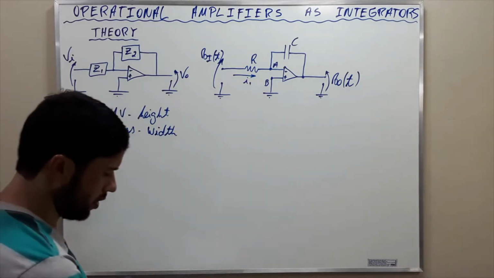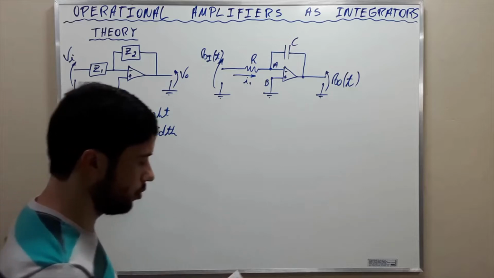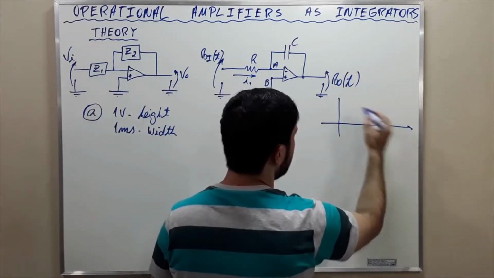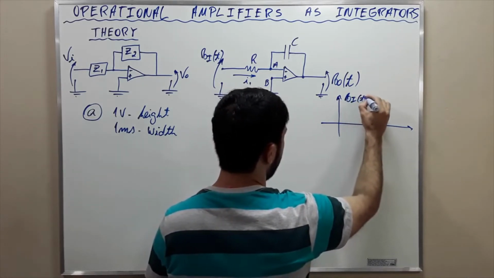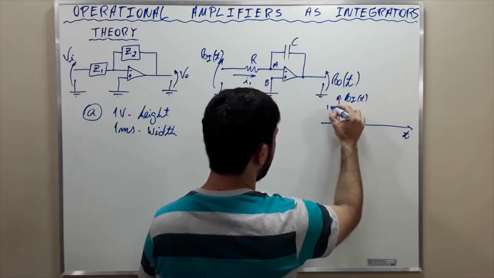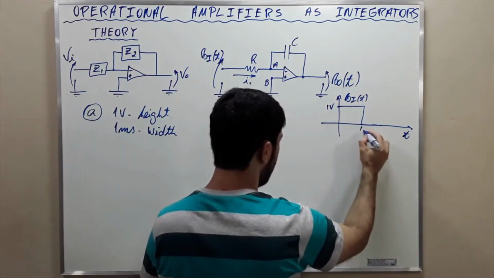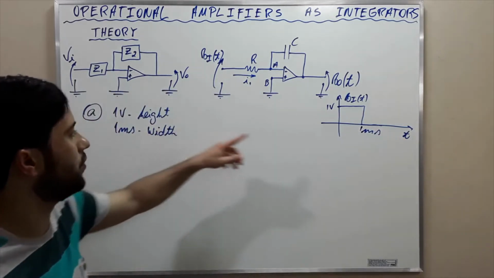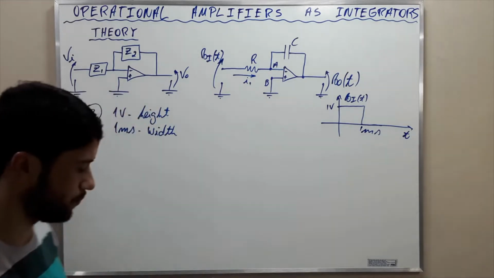The pulse is going to be of the sort, I'm going to show you how the pulse looks like. Vi and Vt. The pulse is going to be of the sort. And here, 1 millisecond. So the height of the pulse is 1 volt and the width of the pulse is 1 millisecond.